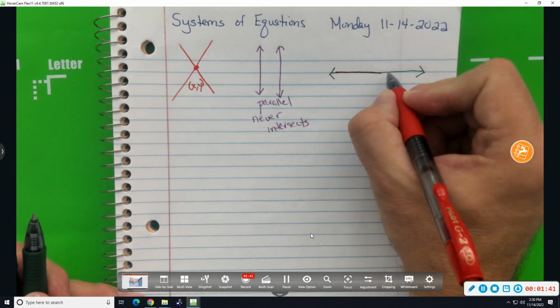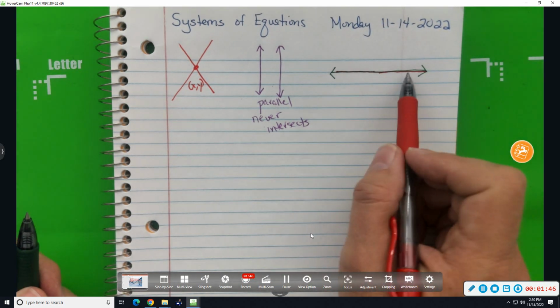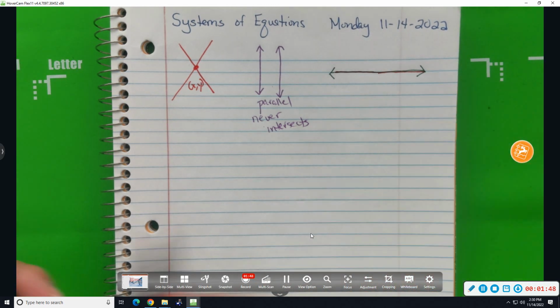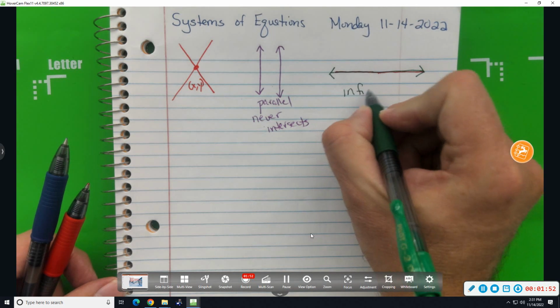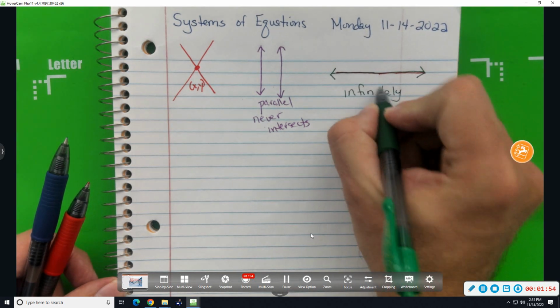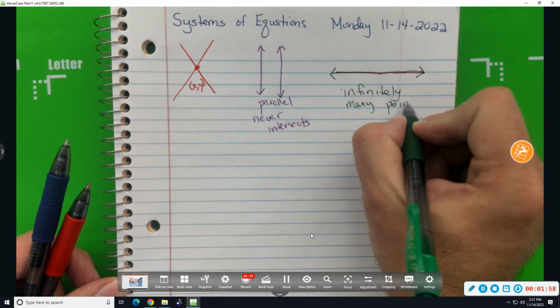I'm drawing the red line on top of the green line. If you draw one line on top of the other, how many points of intersection are there? Well, every point is a point of intersection. There's infinitely many points of intersection.